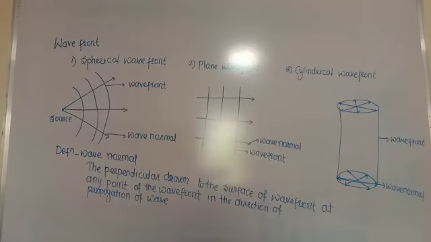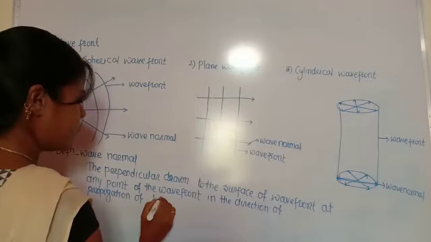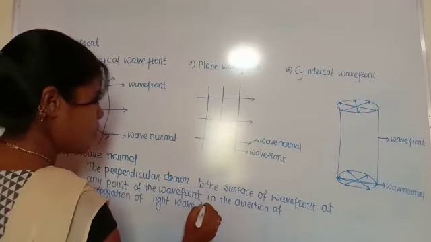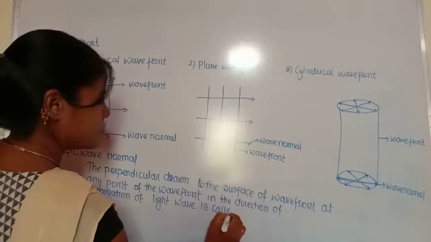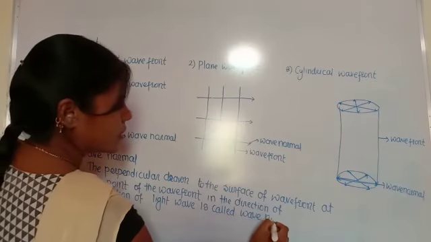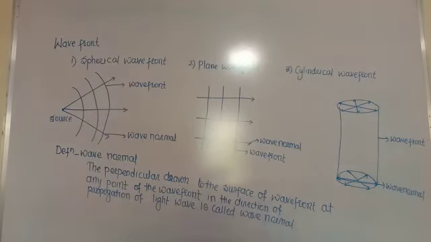In the direction of propagation of the light wave is called the wave normal. According to the name, we get the definition: normal is the perpendicular drawn to the surface of the wavefront at any point of the wavefront in the direction of propagation of the light wave.